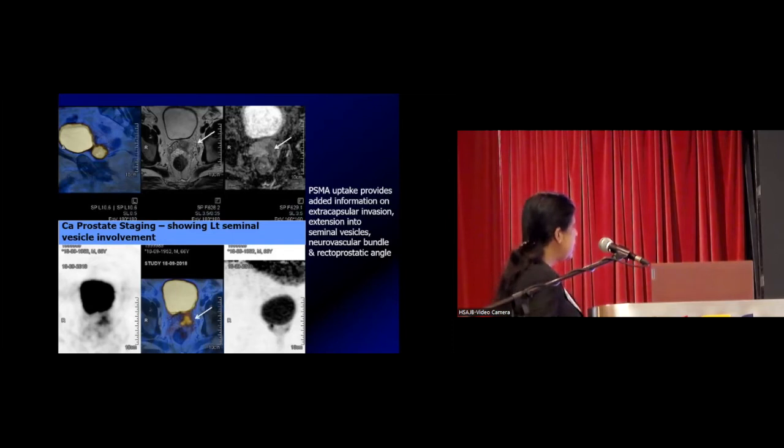So we are definitely going to report this as a patient with not only the primary disease but also with the extraprostatic spread into the left seminal vesicle. So we need to understand that the PSMA PET can provide us better information on the extracapsular invasion, extension into the local organs, and also for the rectoprostatic angles.